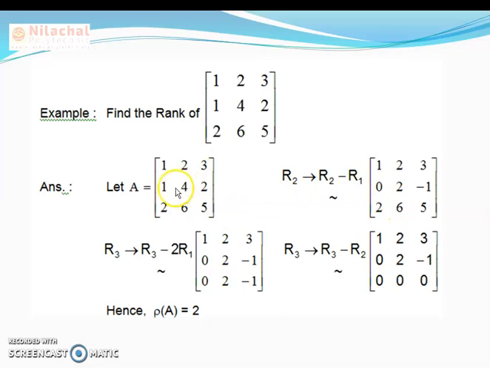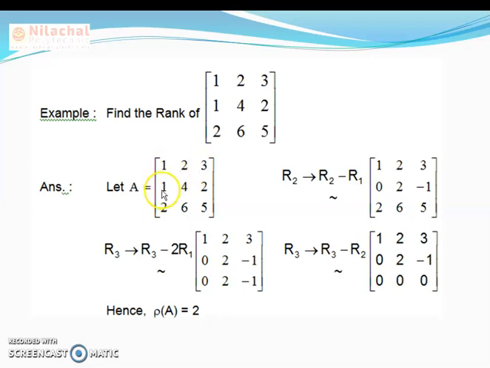Clear? So that's why the first element is 1 and 2. These three elements 1, 2, 6 must be converted to 0. The first 1 belongs to the first column, so it will be converted to 0 by using the first row only. This belongs to R2, and that belongs to R1.